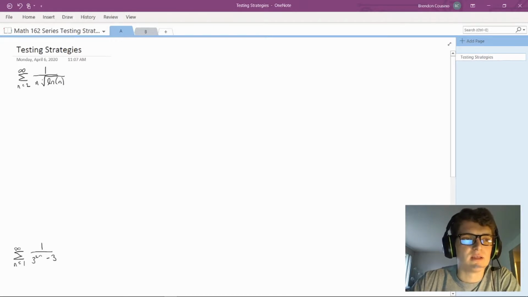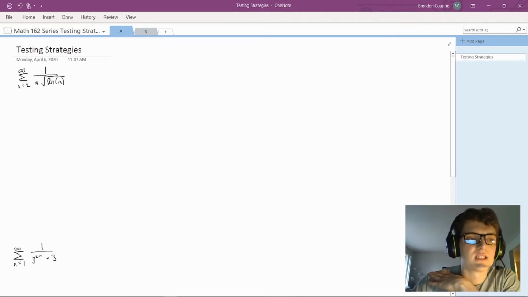If I'm looking at this, the first thing I typically try to do is give it a quick glance and see what happens to our a of n as n approaches infinity. That would be our nth term test for divergence. If the limit is pretty easily solved, I just glance at it, but if it's more complicated, I would write it out and solve the limit on paper.